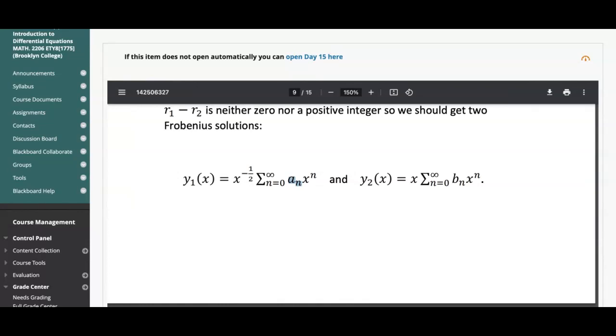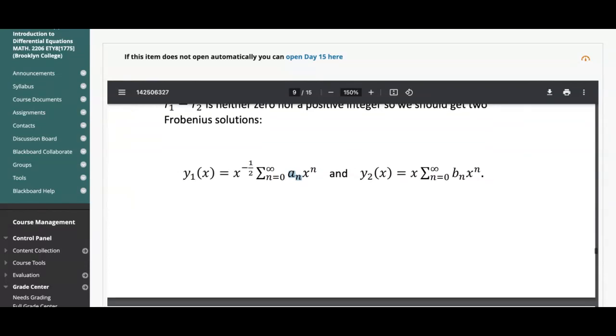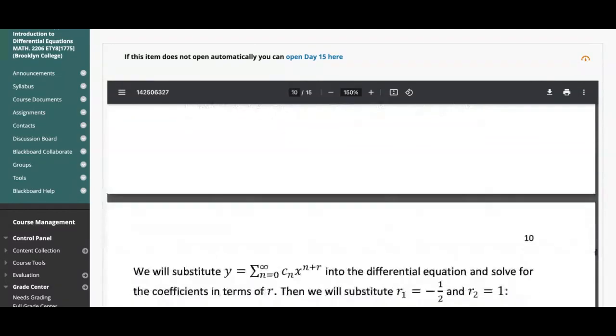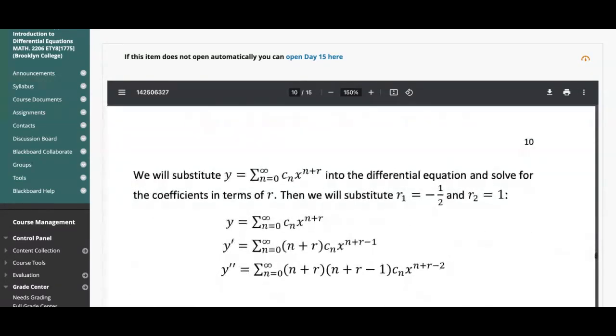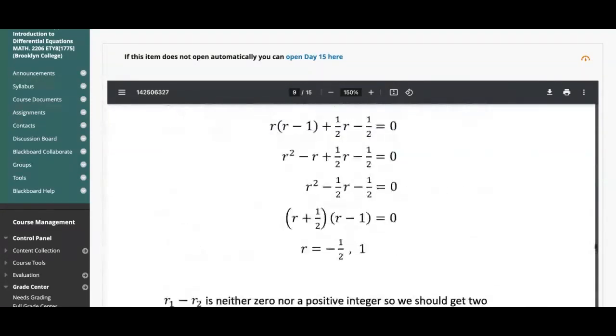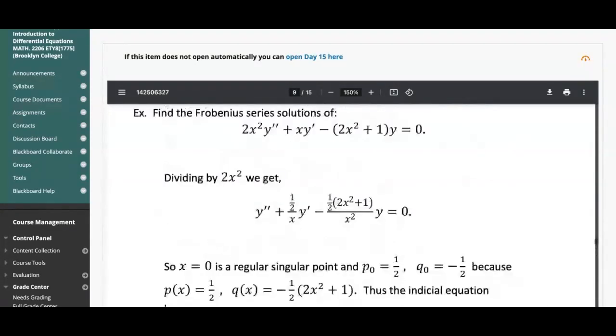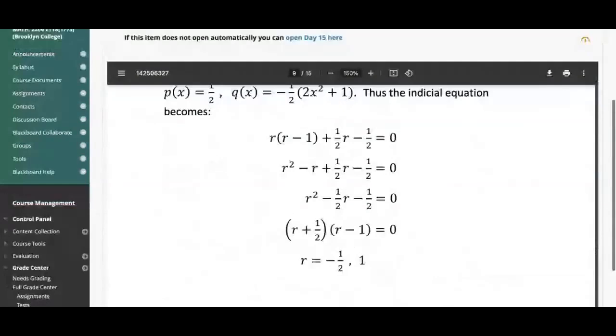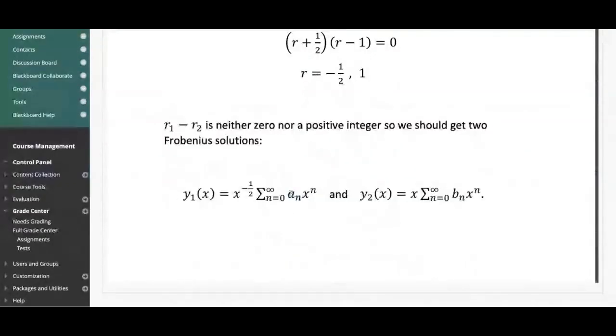You find R1 and R2 and then plug in Y1 and Y2, but for AN and BN we don't have enough information at this moment to do that. Okay, so A and B are just some coefficients.